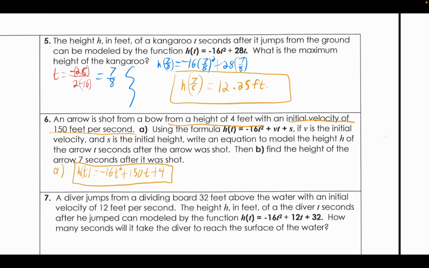Now we're trying to find the height 7 seconds after a shot, so we just plug in 7. So h of 7 is negative 16 times 7 squared plus 150 times 7 plus 4. And that tells us that h of 7 is equal to 270 feet.